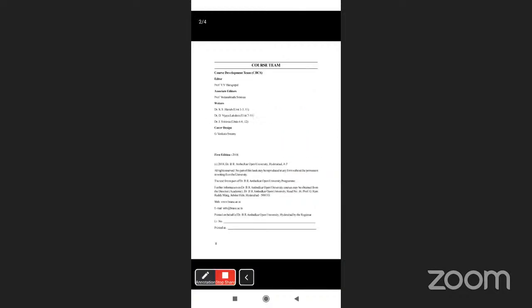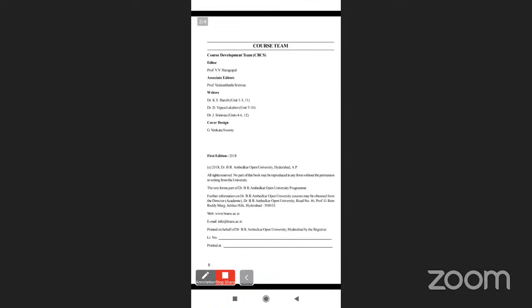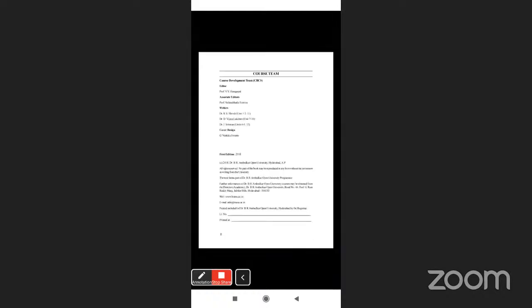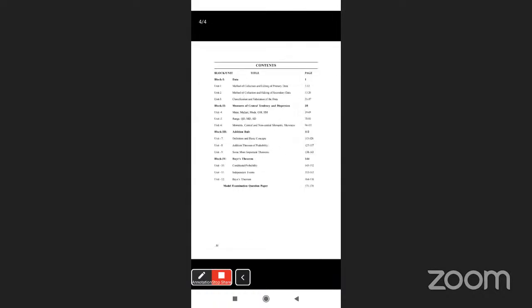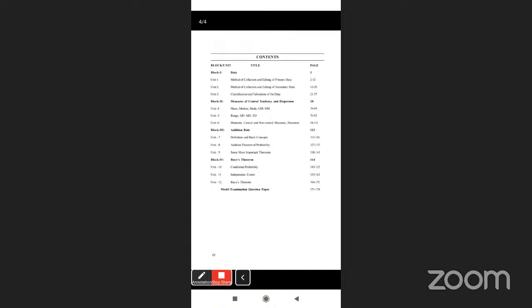So in this book, we are having, this is our content. Disturbance raanivvakandi. This is our syllabus. In this syllabus, we are having 4 blocks.